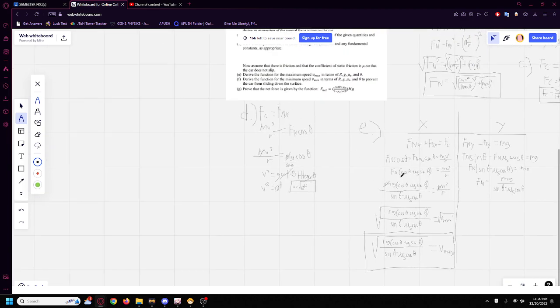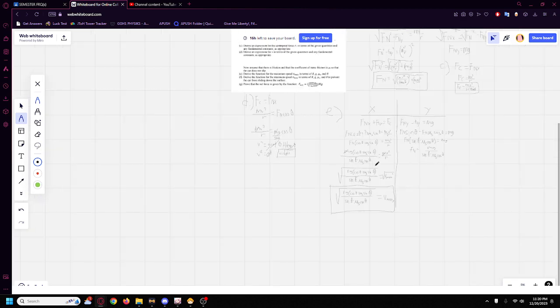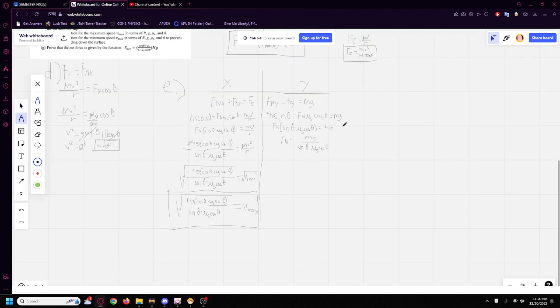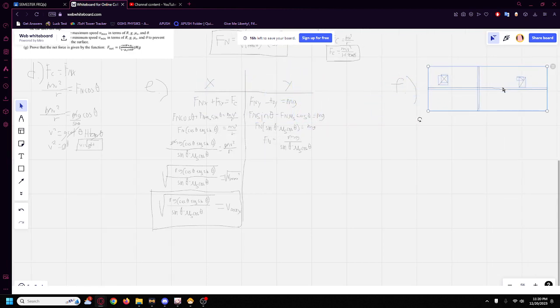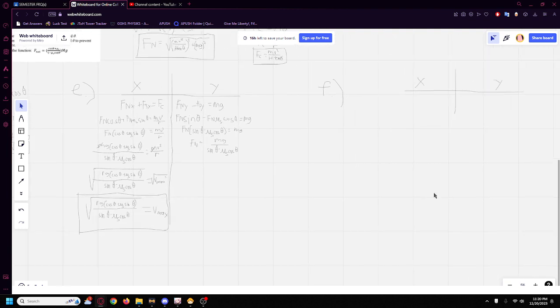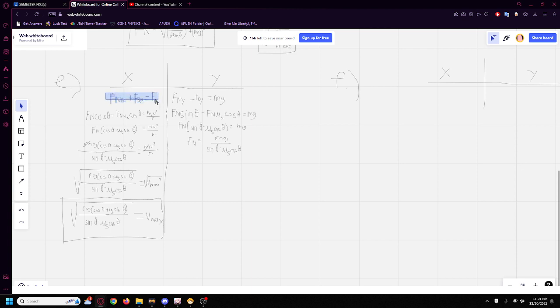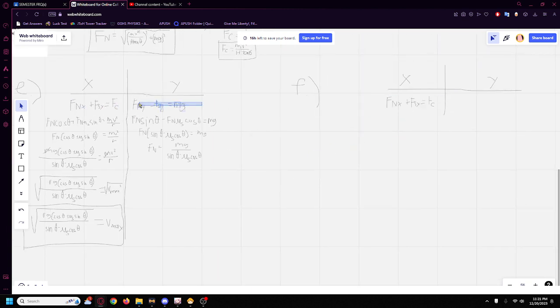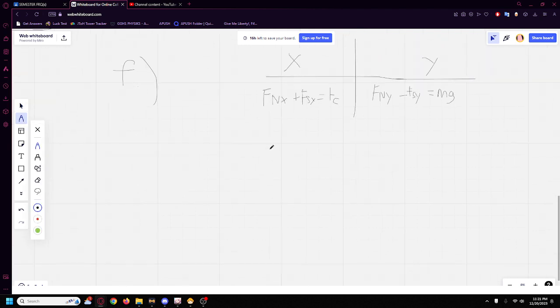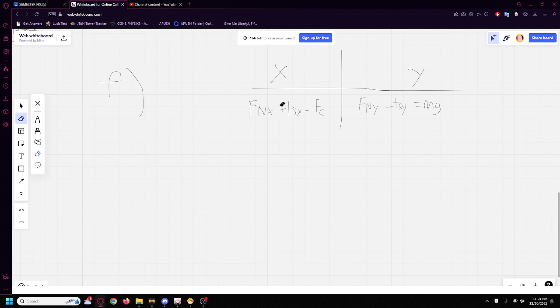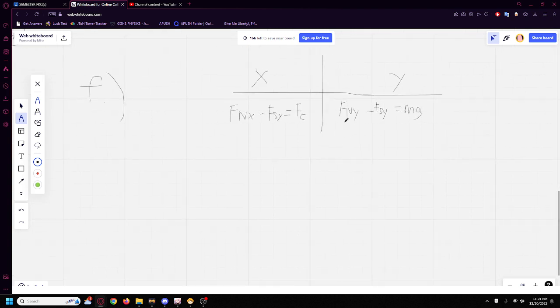Part F has to find minimum speed. So to do that, we set up x and y again, but this time FNx is FNx minus FSx and FNx plus FSy.